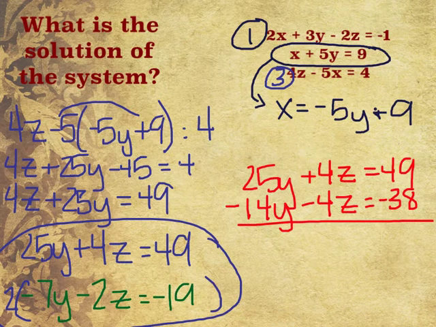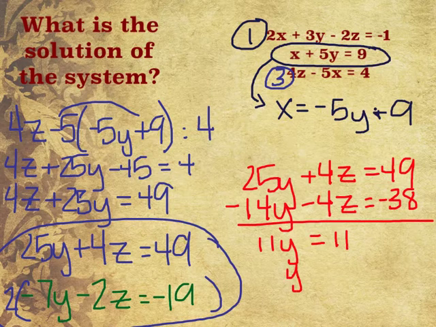Again, we multiplied everything by 2. We'll add straight down. We get 25 minus 14, that is 11y. 4z minus 4z is 0, equals 11. So y equals 1. Now we can take that and plug it into one of our previous equations.